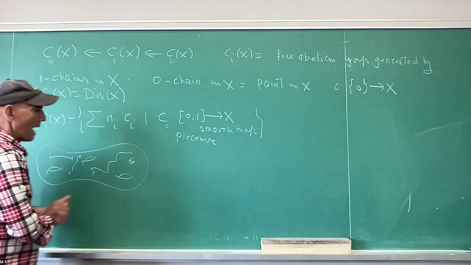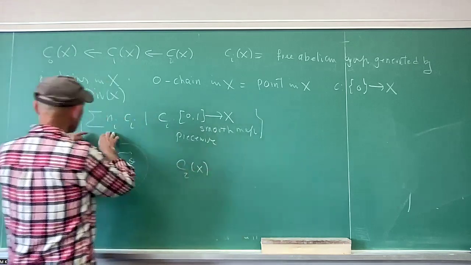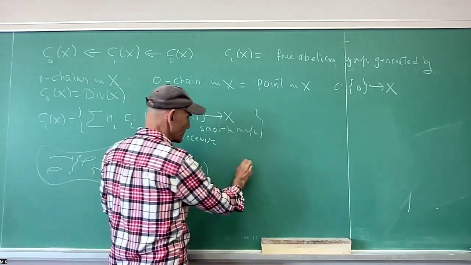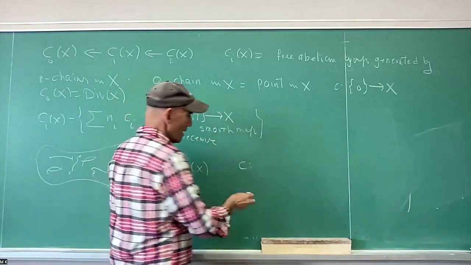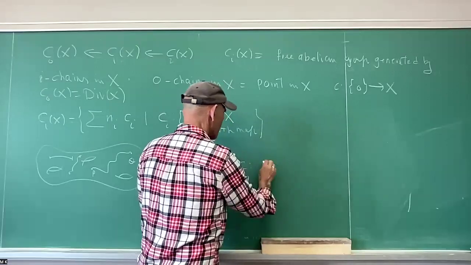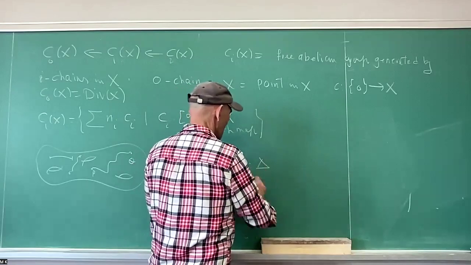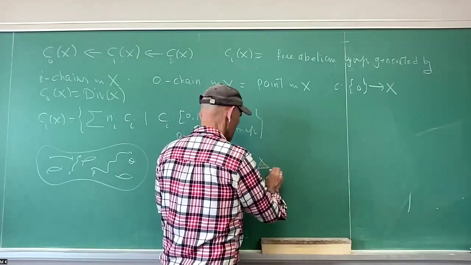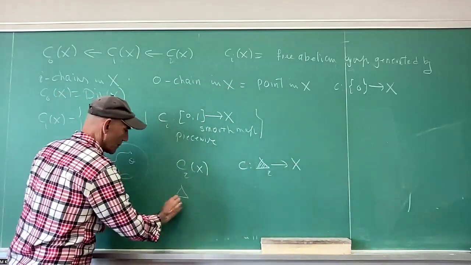That is C1 of X, and what is C2 of X? Exactly similar: it is a free abelian group, but in this case it is generated by maps not from an interval but from a triangle. So it's a map from a triangle.